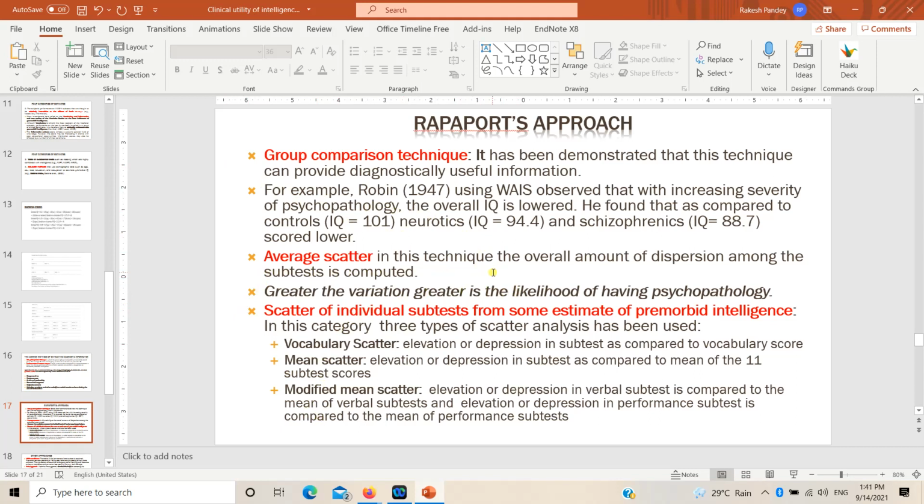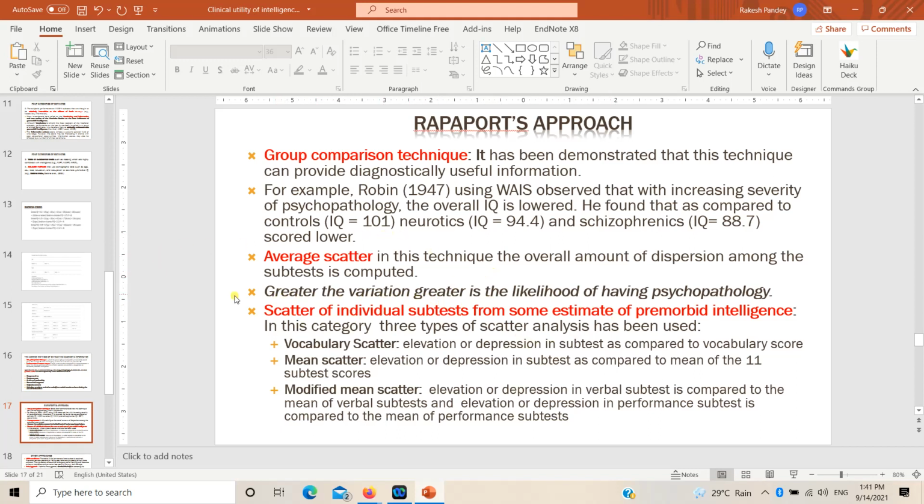So, low standard deviation, low average scatter is indicative of normal test performance, and high scatter is indicating the likelihood of having psychopathology. Greater the variation, greater is the likelihood of having psychopathology.